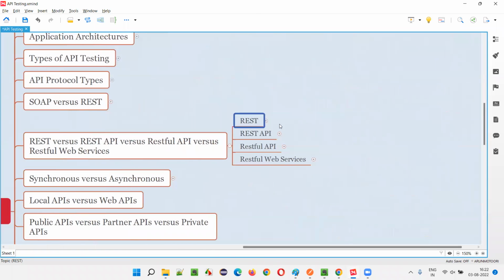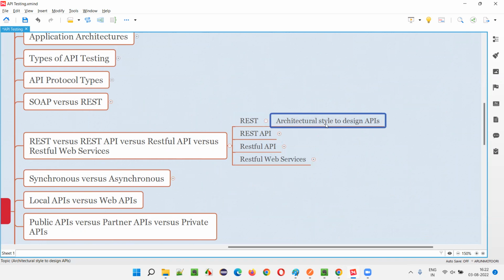REST is an architecture. REST is an architectural style, you can say, that developers can use for developing, creating, or designing APIs. That is what REST is, guys. What does architectural style mean?